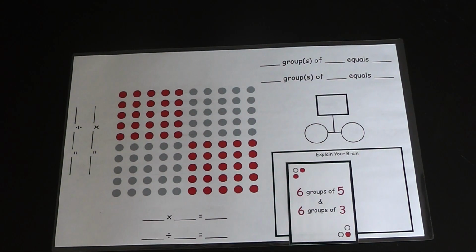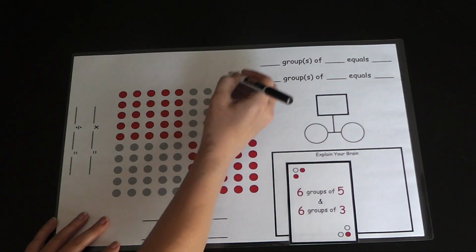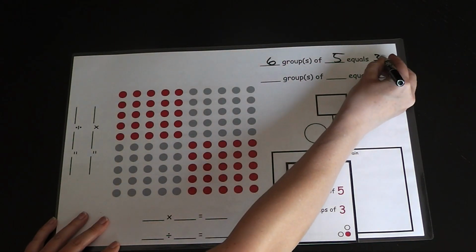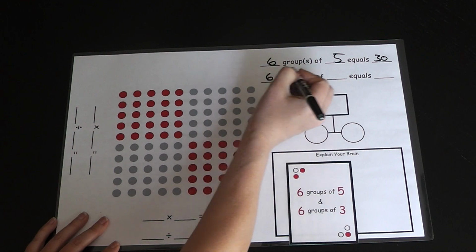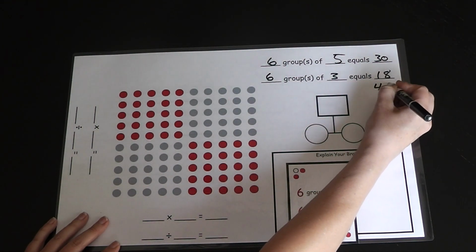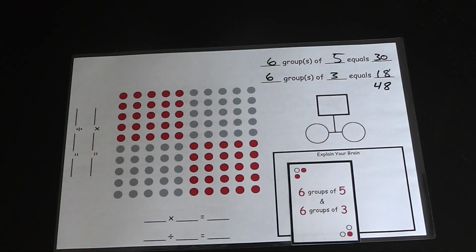So here's my task, and my task is to fill in all the missing information. So I'm just going to fill in the information that I have right now, which is 6 groups of 5, which I know is 30, and my 6 groups of 3, which I know is 18, and a total of 48.